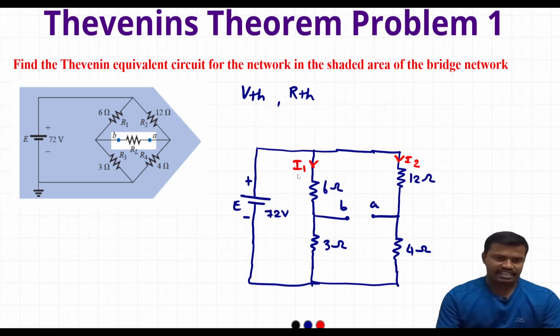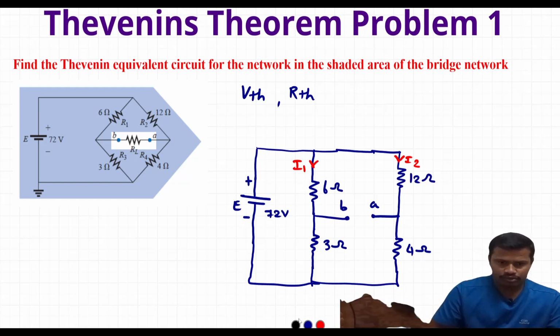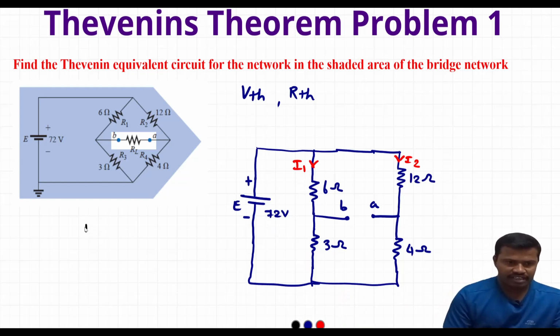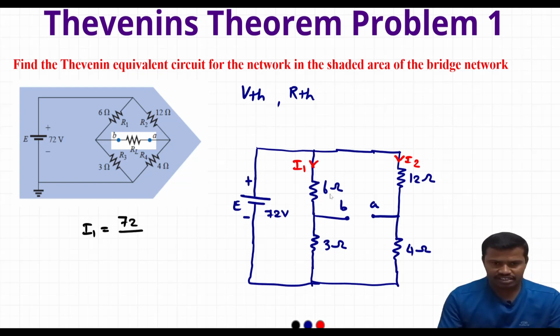Now we need to calculate I1. I1 is equal to V by R. V is the voltage across the 6 and 3 ohm resistors, 72 volt, divided by the total resistance. The 6 and 3 ohm resistors are in series, so the total resistance is 9 ohm. So the current I1 is 8 amps.